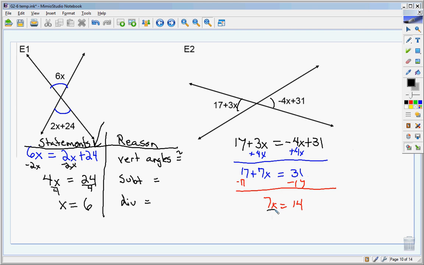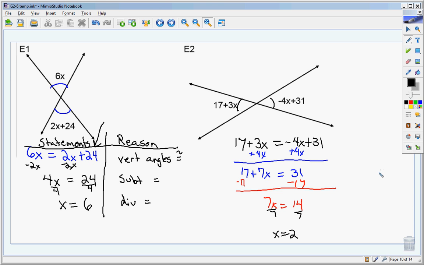Divide by 7. Now, does everybody see that even though we didn't write the reason beside it, we talked about the reason as we were doing it? So the reason that you'd normally put here, you actually have been processing it right along.